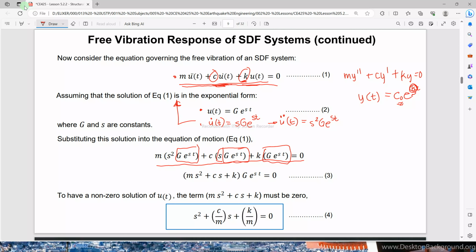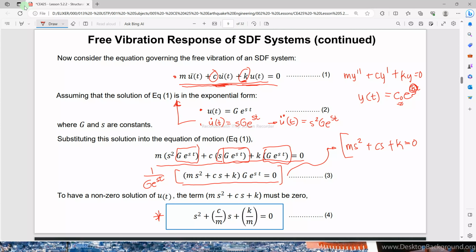So we can factor that out, and we will arrive at this quadratic equation. So we have s squared plus c over m, s plus k over m. If we multiply the whole equation by 1 over G e to the s t equals 0, then we will be left with m s squared plus c s plus k equal to 0.